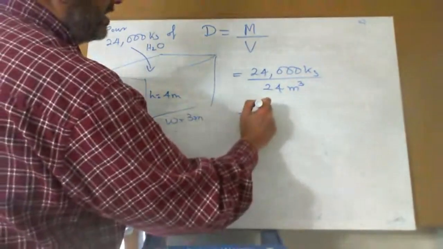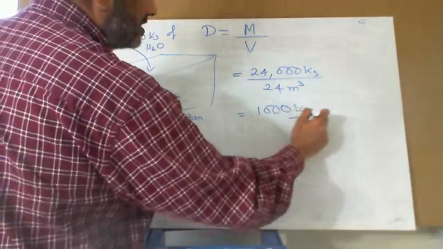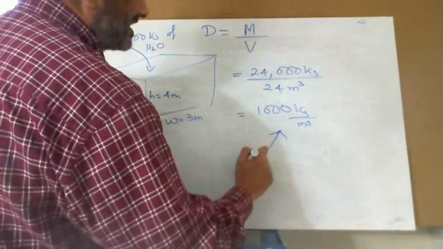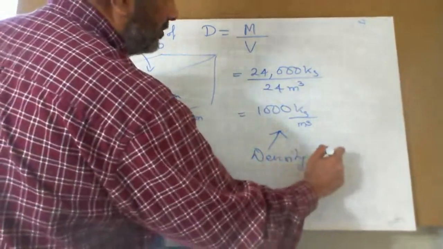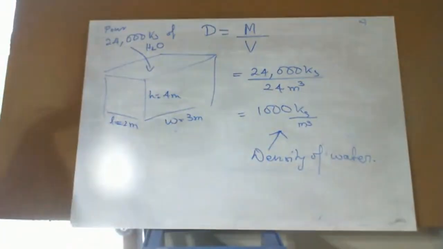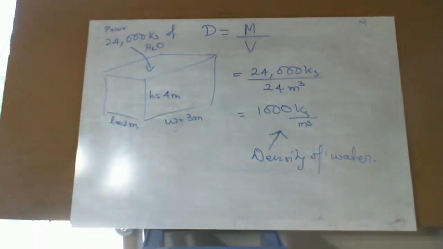All right, so 24 and 24 cancel off, so you get 1,000 kilograms per cubic meter. This is the density of water. Okay, the density of water is 1,000 kilograms per cubic meter.